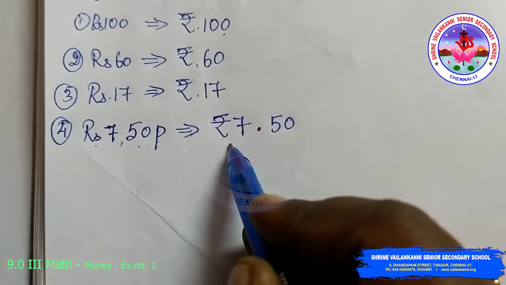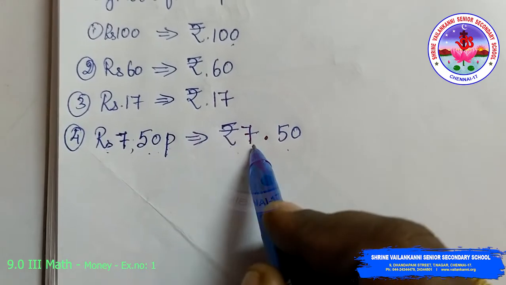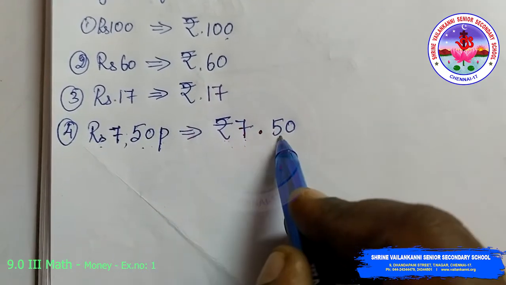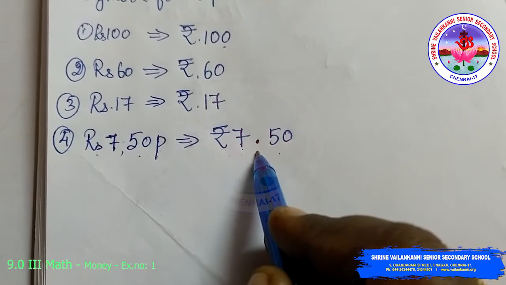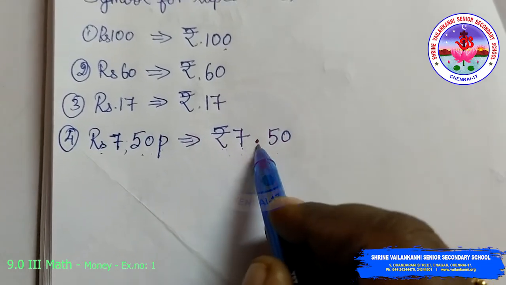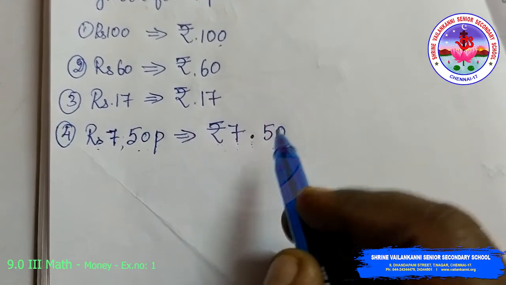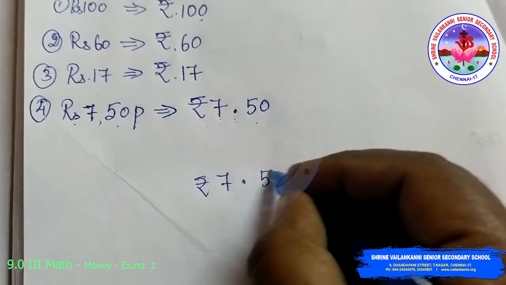But when you write exactly with the rupee symbol, 7 rupees 50 paise can be written with the dot. So this dot separates the rupee and the paise. See, 7 rupees 50 paise.